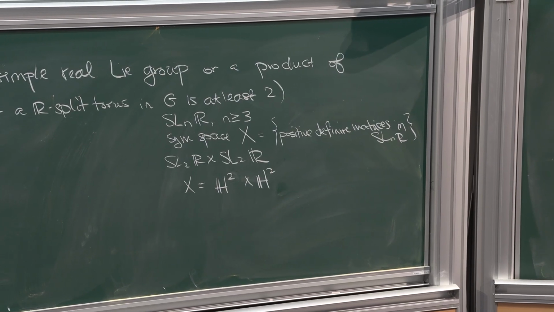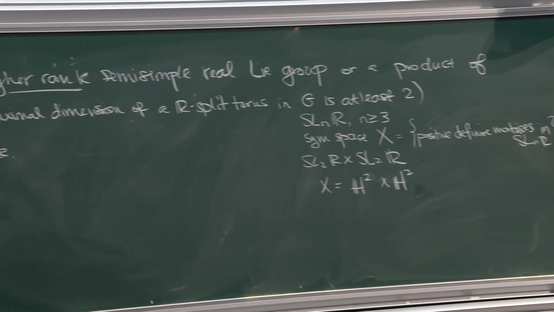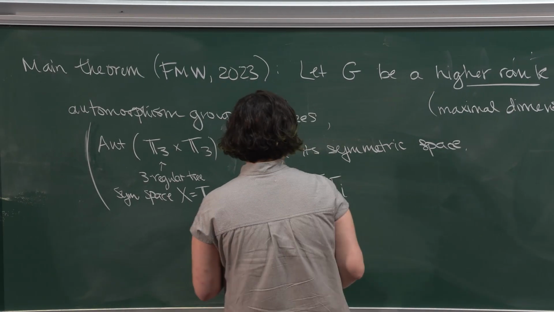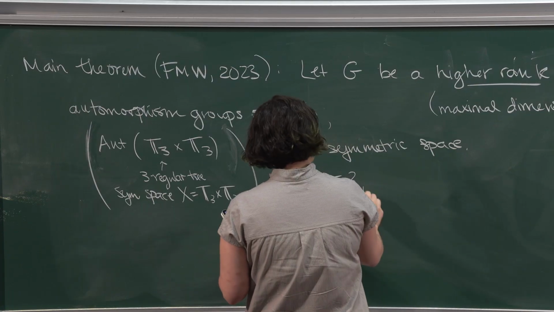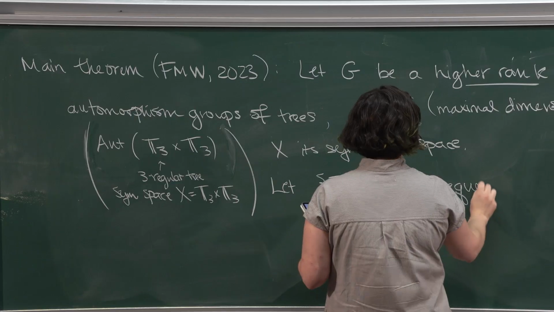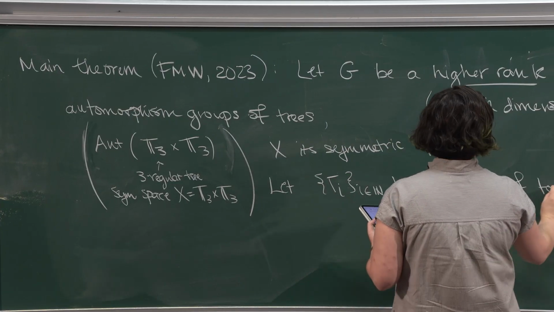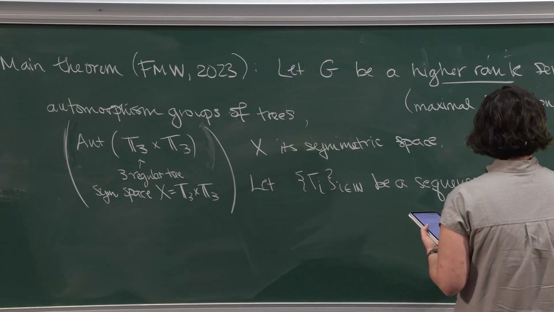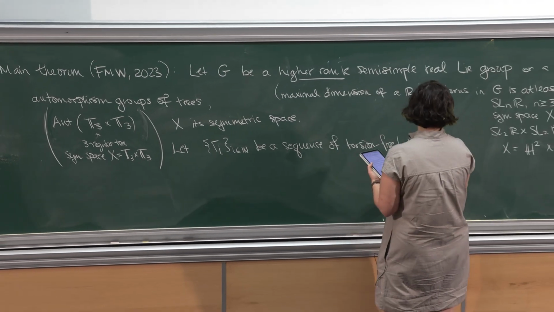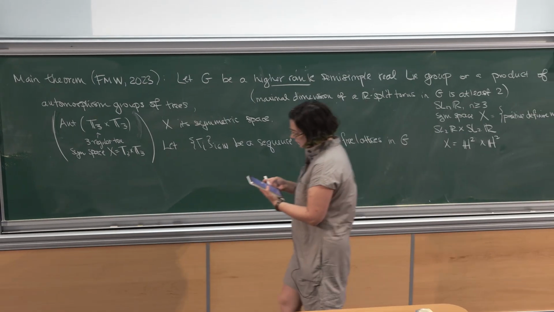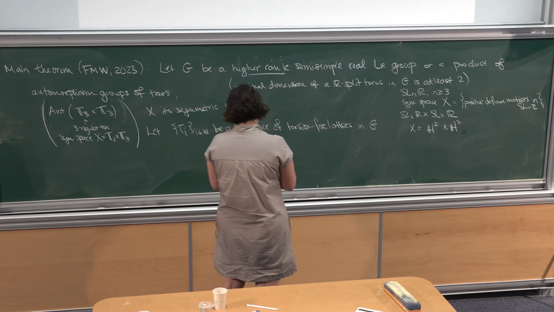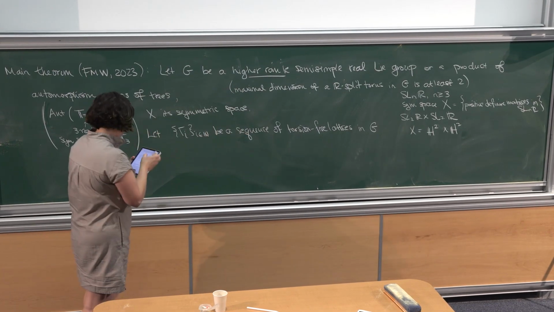All right, so then we're going to take a sequence of torsion-free lattices. We want them to have some sort of convergence property.